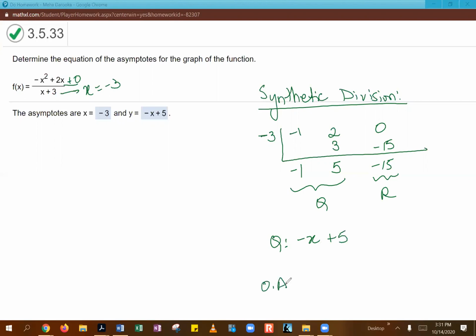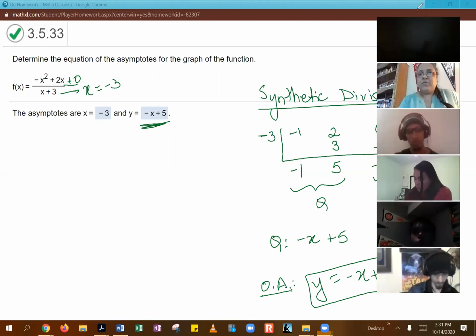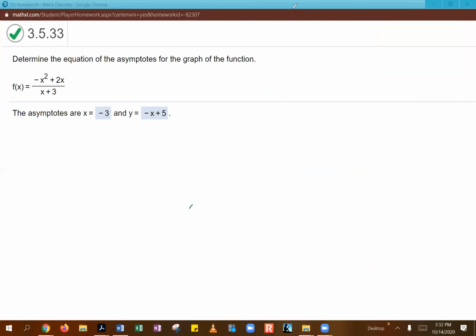That becomes our oblique asymptote, which is of course what we had over here. So like I said, for this particular example, you can definitely use synthetic division, but let me show you the example where synthetic division is not advisable.